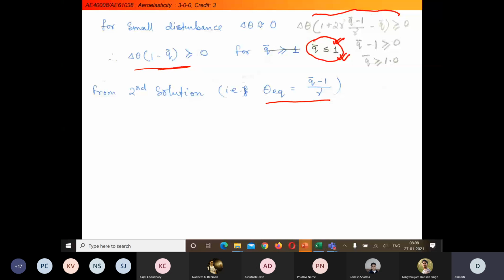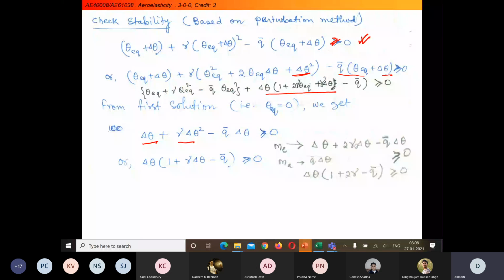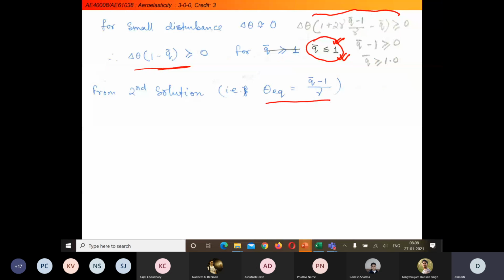If I take that part and substitute the response solution, that is delta theta multiplied by 1 plus gamma times q bar minus 1 by gamma minus q bar greater than or equal to 0, we get another condition: if q bar is greater than or equal to 1, then the system will be stable.